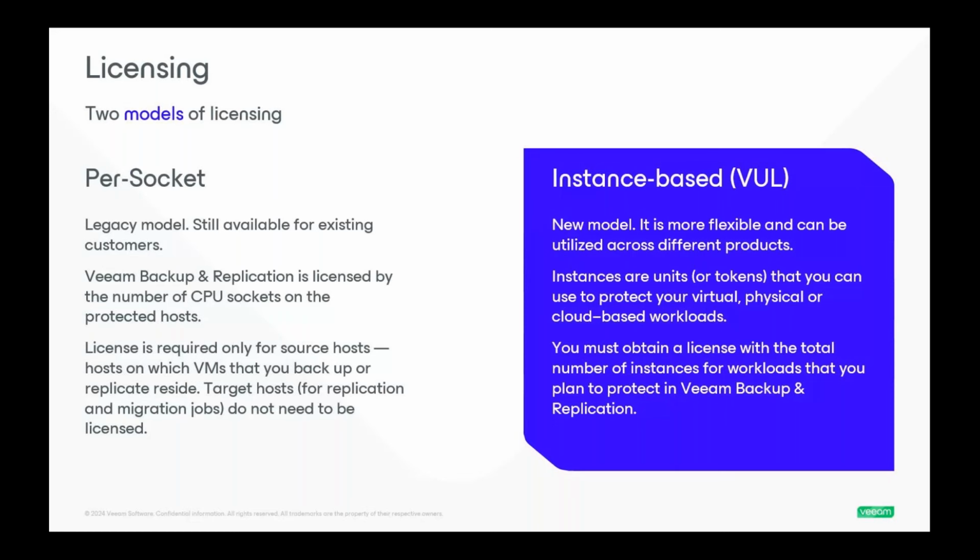Even if it's moving between physical, virtual, the file share, unstructured data I mentioned, socket is pretty much just virtual, although you can merge the two. So there's options no matter what, but VUL is kind of the future, I would say.